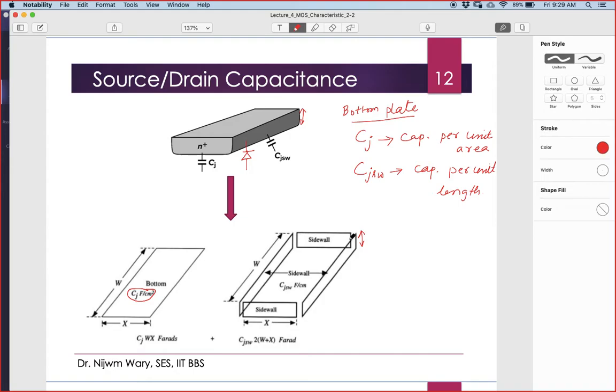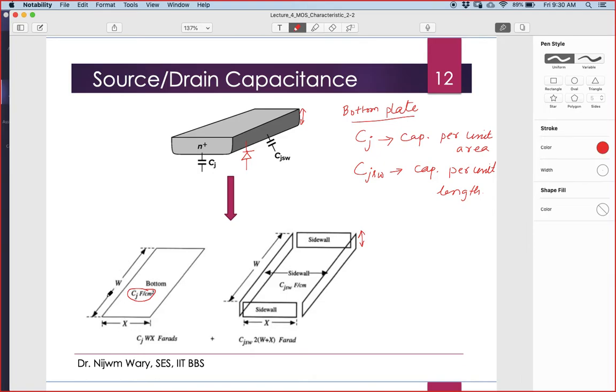So the side wall capacitance is defined as capacitance per unit length. But the W will mostly vary; X is also almost fixed, but there may be some variation.